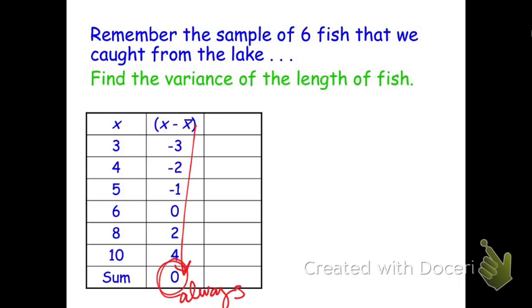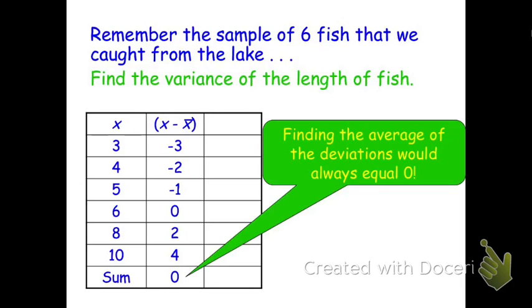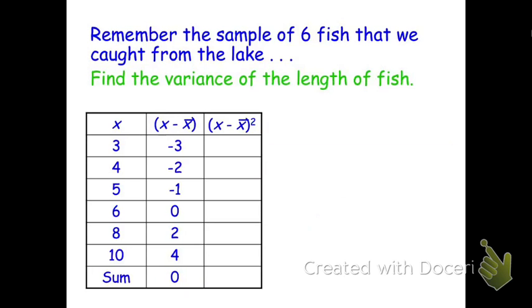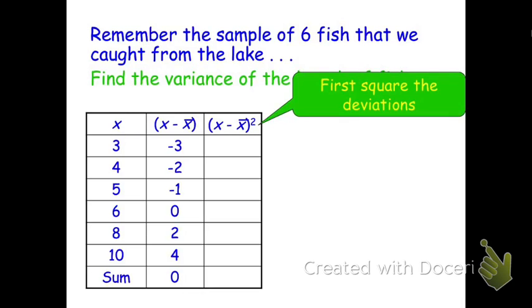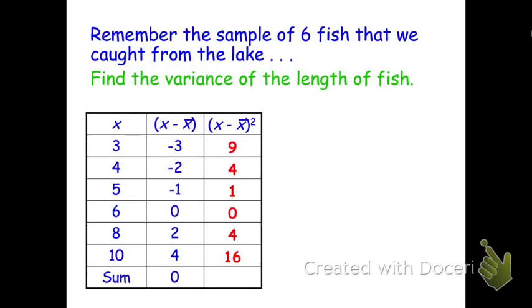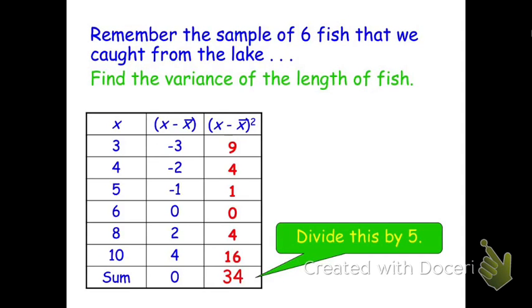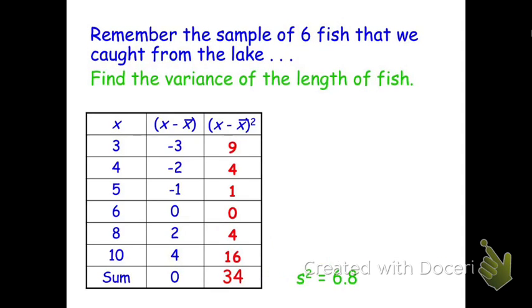So in order to find an average by hand, like if you did it the long way, and also if you maybe took a stats class in college, they might make you do this by hand. Since they always equal 0, one way to make them all positive is to square them. Then take the average of that. So then the average, this is what variance is.